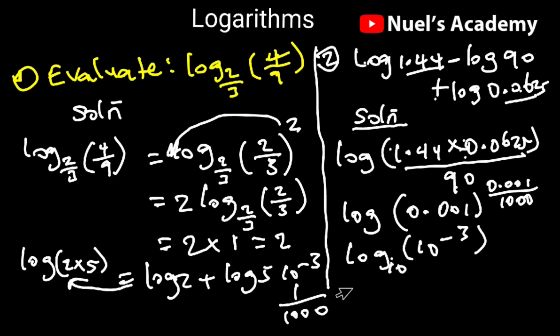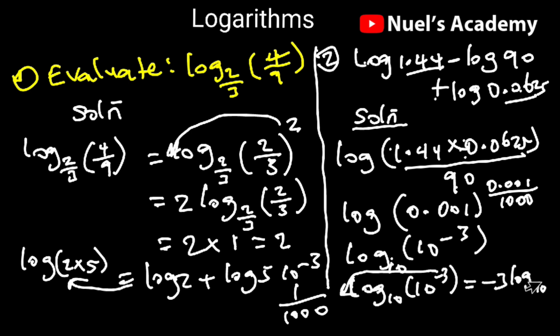So this is going to be equal to log base 10 of 10 raised to the power negative 3. So we are going to move this negative 3 in front of this logarithm so that it becomes negative 3 log base 10 of 10, and then log base 10 of 10 is equal to 1. Our answer now becomes -3.